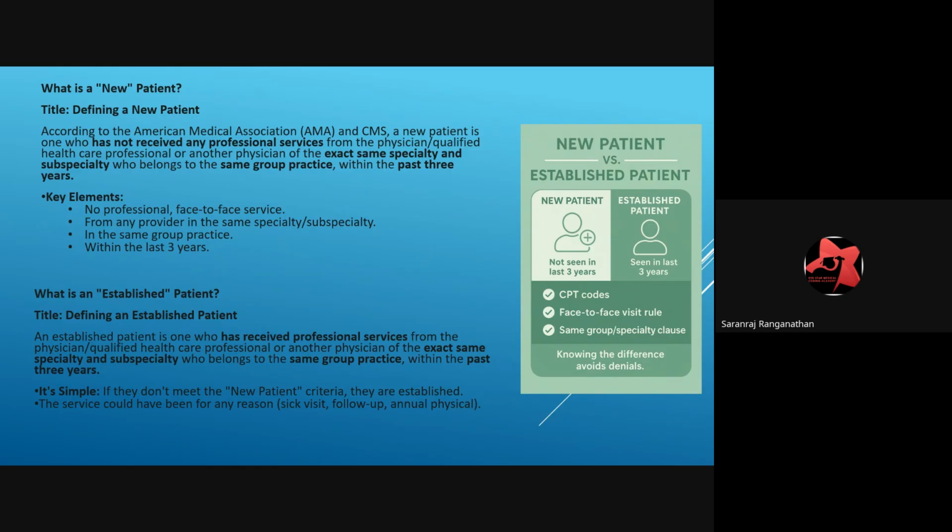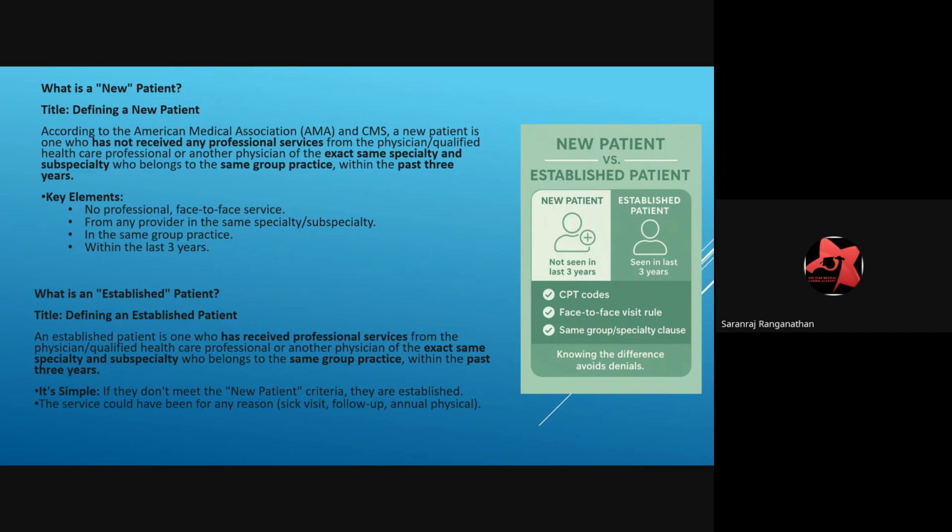Again, you are going to become the new patient in the same X hospital, because of the specialty we are going to differ in the visit. So when I go for the same specialty within the 3 years, I am the established patient apart from the first time. If within the same 3 years I go to different specialties or subspecialties, I am going to become the new patient again and again. This is the main core.